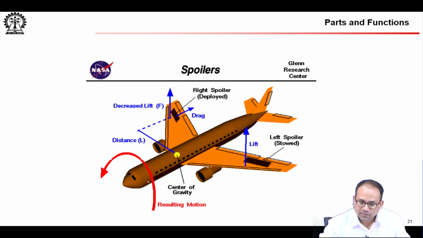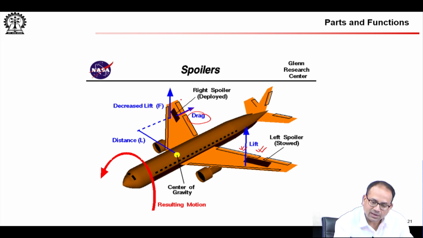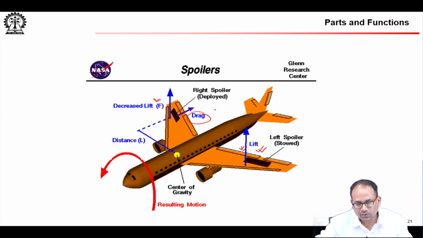Here is spoiler action. You see that this increases the drag, and so it is a combination of increasing drag here, increasing lift here. The lift is decreased on the spoiler side because your spoiler is deployed. Remember, spoiler is just like a window between the top and the bottom surfaces of the wing.